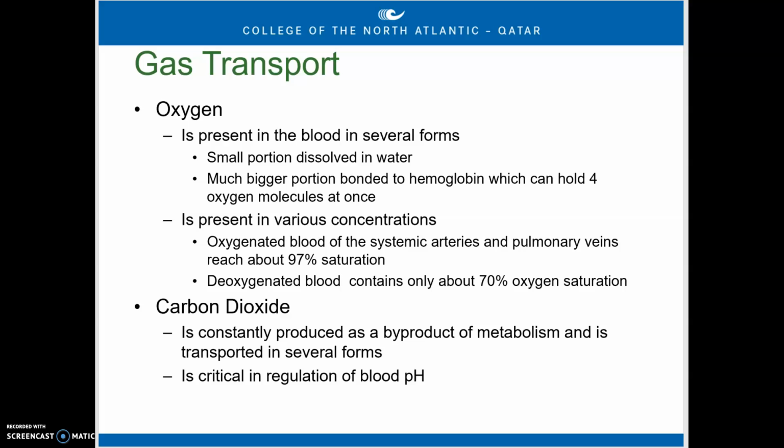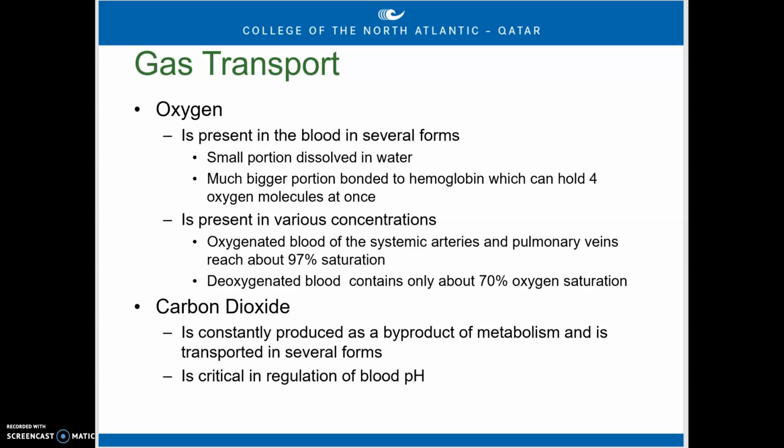Now, deoxygenated blood doesn't mean that it has absolutely no oxygen left. Deoxygenated blood is going to have about 70% oxygen saturation, which means it has about 70% of the oxygen it can possibly carry still present. So when we say deoxygenated blood, we're not talking about zero oxygen, we're just talking about a lower concentration than when we have oxygenated blood.